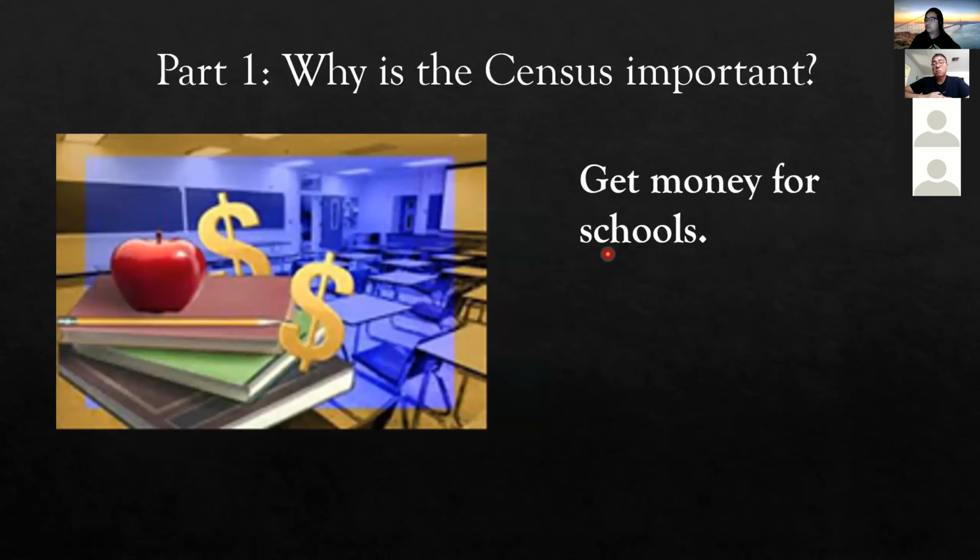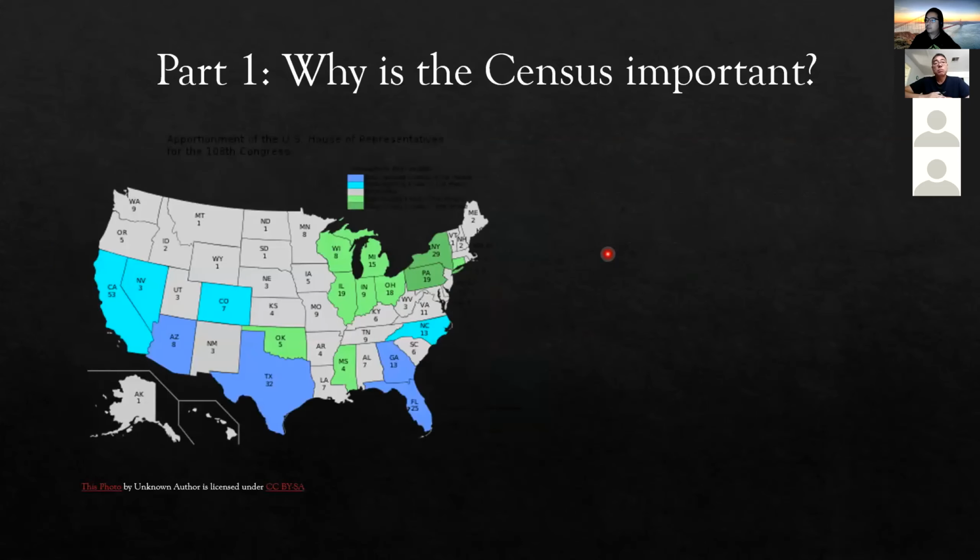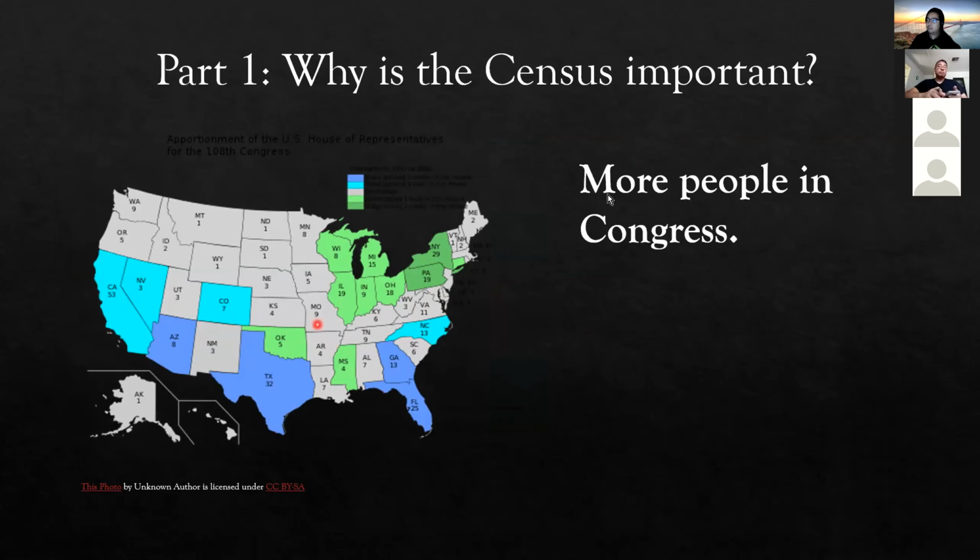After money for schools, there is this one. This one is a little hard. Why is the census important? It's more people in Congress. This is hard. More people in Congress.